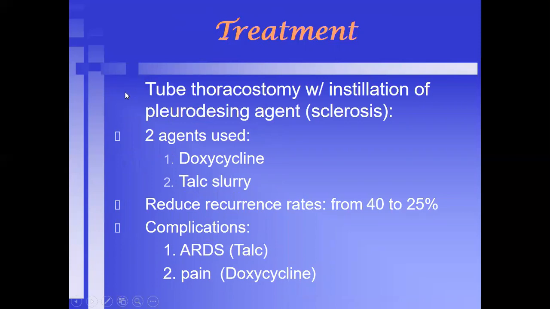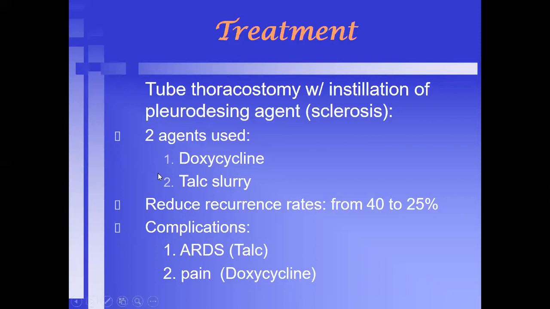Another option is to do your pleurodesis. So if you've inserted the CTT, before removing that CTT, then you might inject a sclerosing agent or pleurodesing agent so that you can cause the adhesion of your visceral and parietal pleura to try to prevent the recurrence of your pneumothorax.